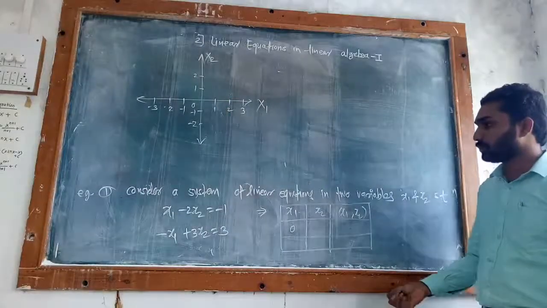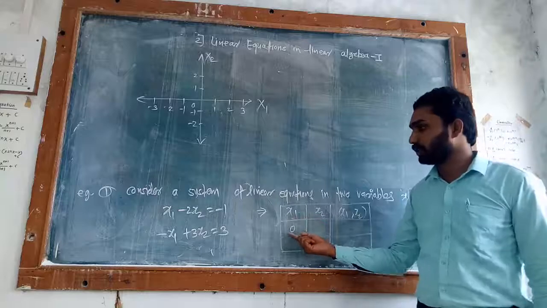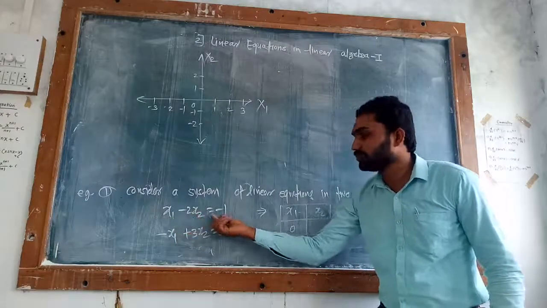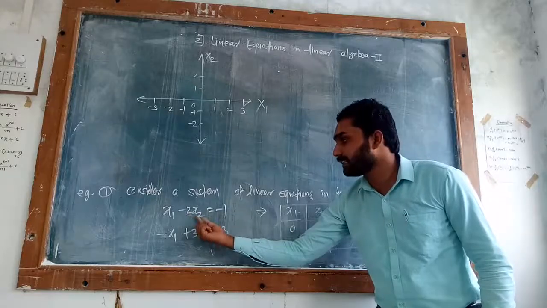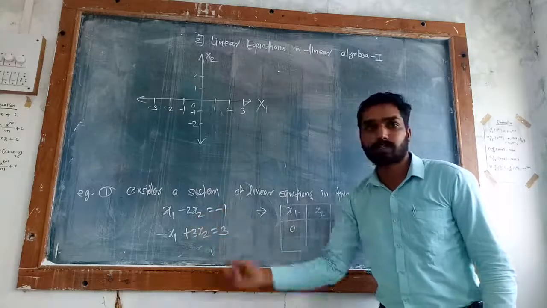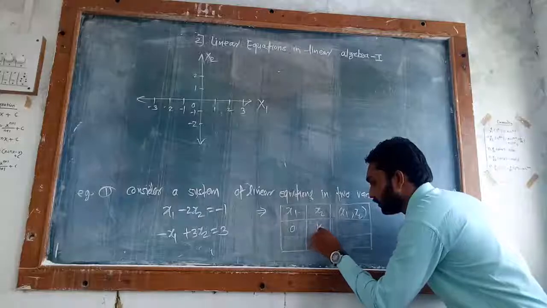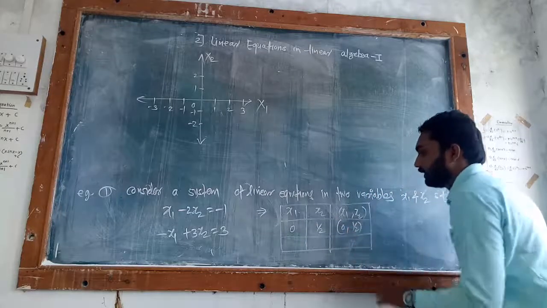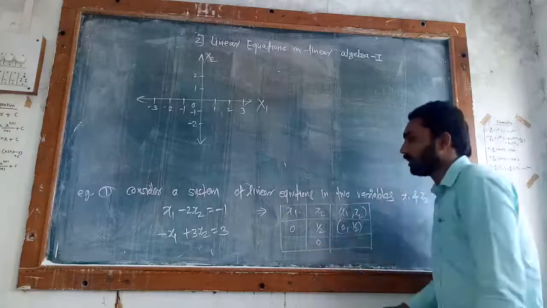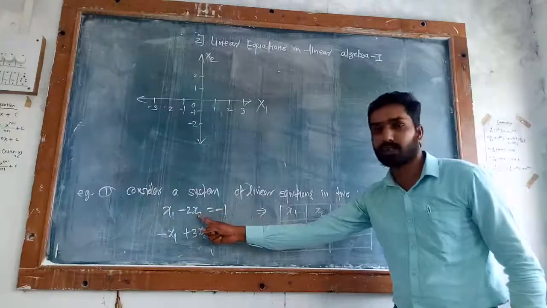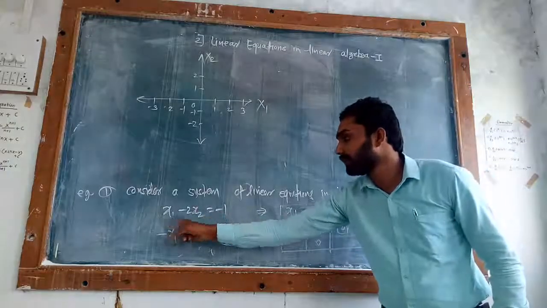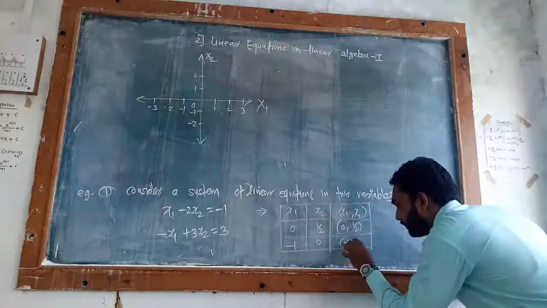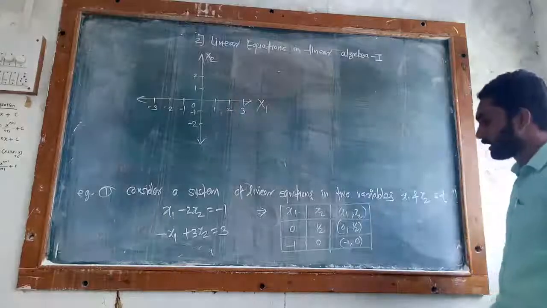If we put the value of x1 as 0, then we get minus 2x2 equals minus 1, the minus signs cancel, and the value of x2 becomes 1 by 2. So the point is (0, 1/2). Similarly, if the value of x2 is 0, then the value of x1 becomes minus 1, so the point is (minus 1, 0).